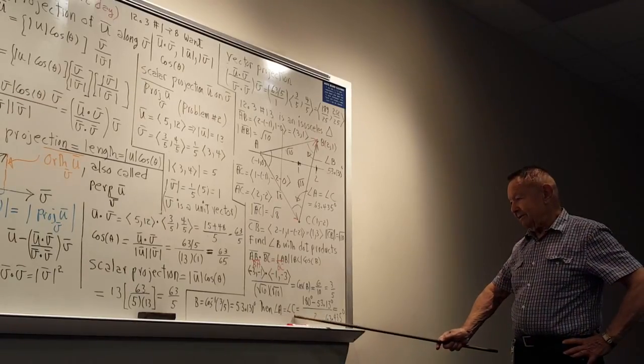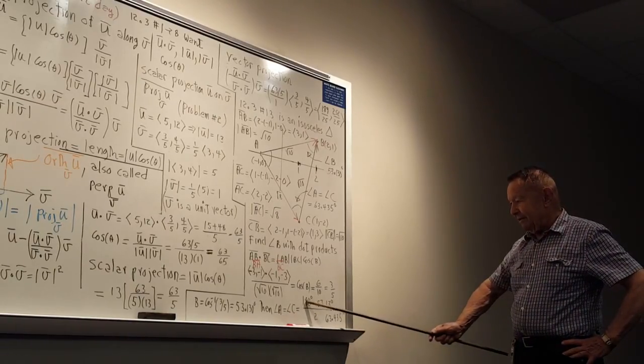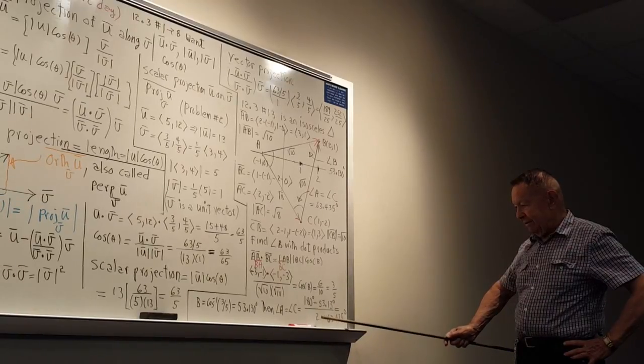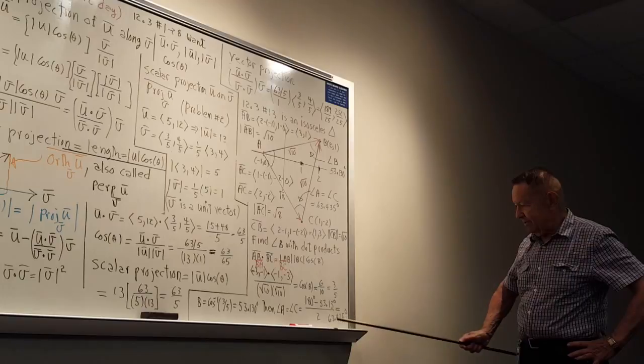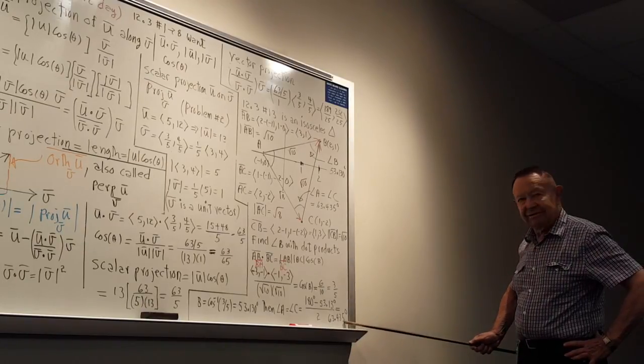And then A and C are, you take 180 minus that, and then because A and C are equal angles, divide by 2, and each one is this size.